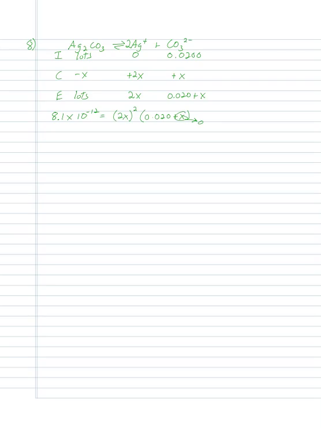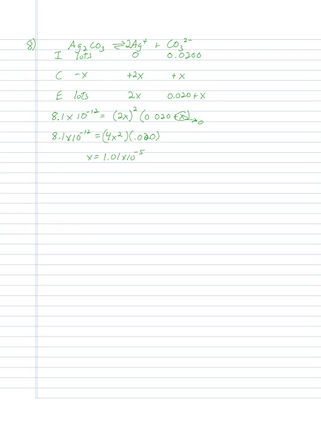Okay, so that simplifies it to 8.1 times 10 to the minus 12 is equal to 4x squared times, lost 2 there, 0.020. And now when I solve that for x, I get a value of 1.01 times 10 to the minus 5, which is in fact much smaller than 0.02.